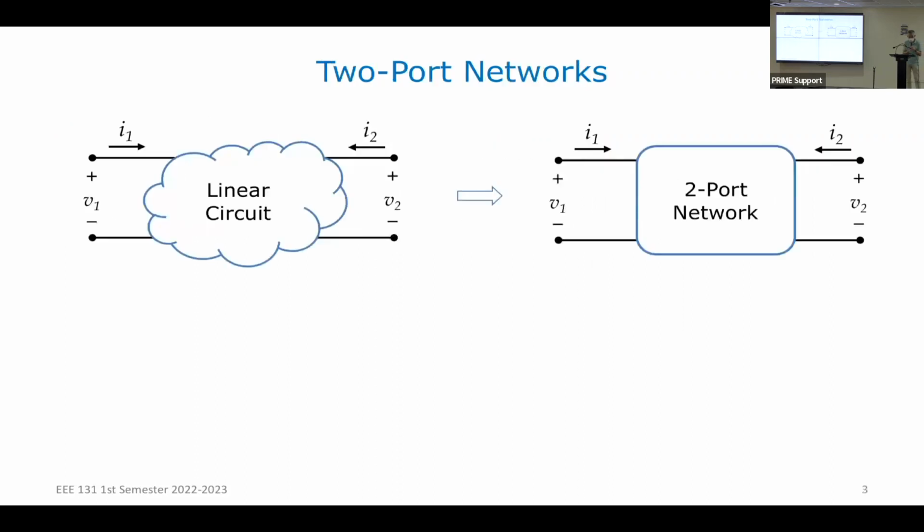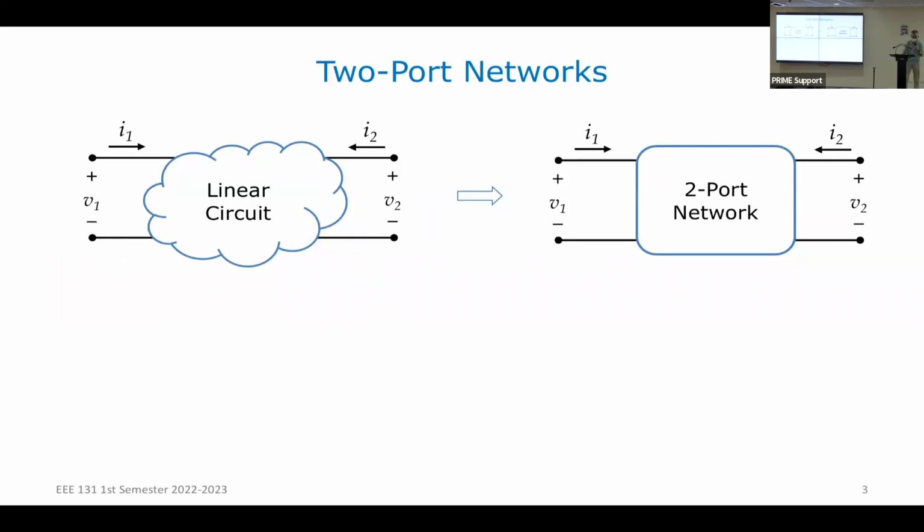Okay, let's start with two-port networks. And I said I already sort of gave a primer on this when we discussed the small signal model of the transistor. When we have a linear circuit, with respect to two particular ports, in this case, we can think of this port as your input port, and we can think of this port as your output port.